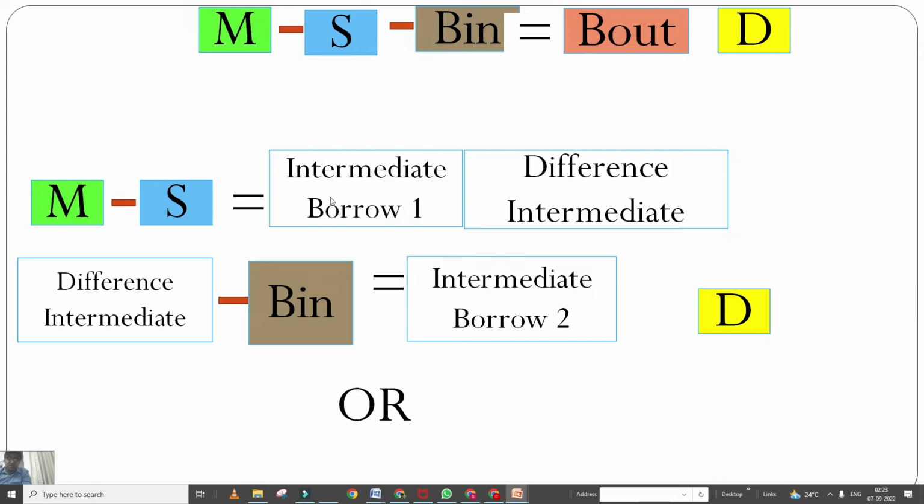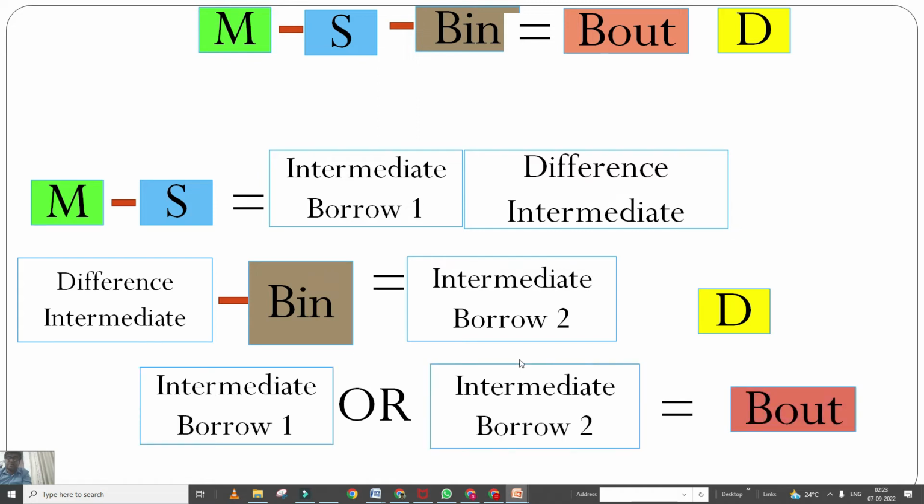So if the intermediate borrow 1 or intermediate borrow 2, if anywhere a borrow is generated, it will be the final result. So the final result can be expressed as D, which is nothing but the intermediate difference minus borrow in, and the output borrow is the OR of intermediate borrow 1 or 2.